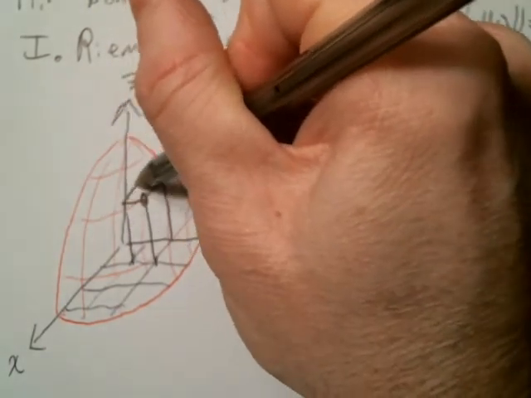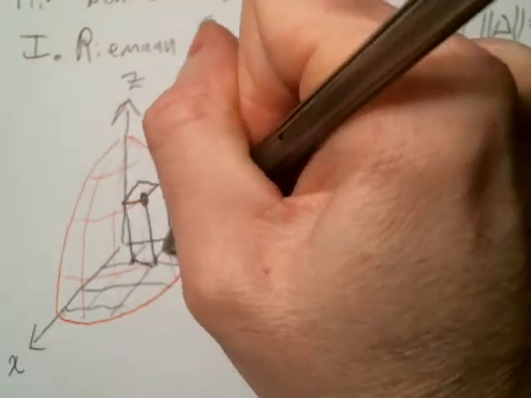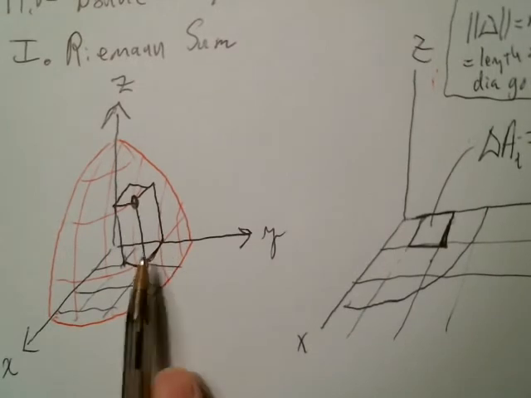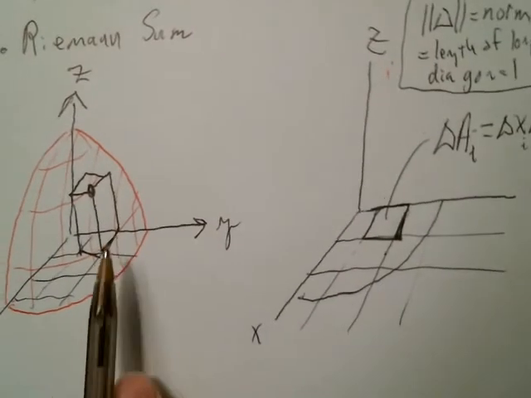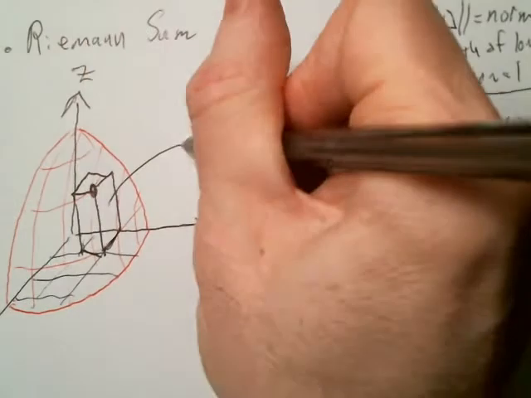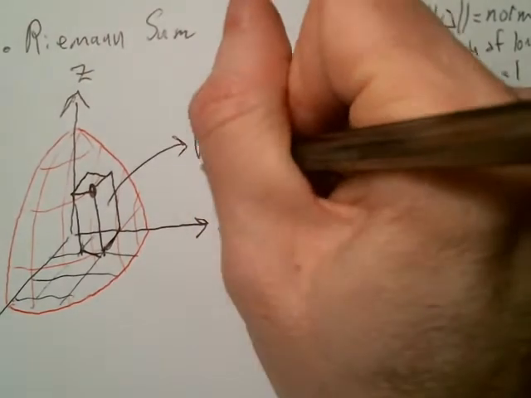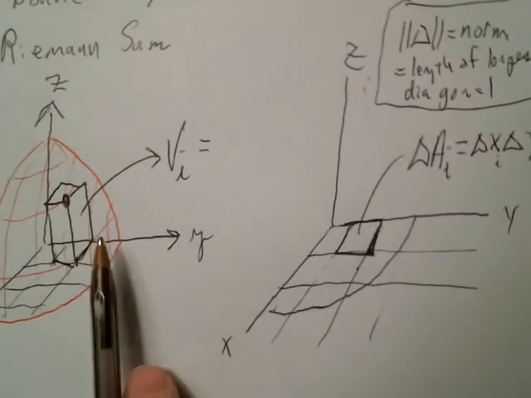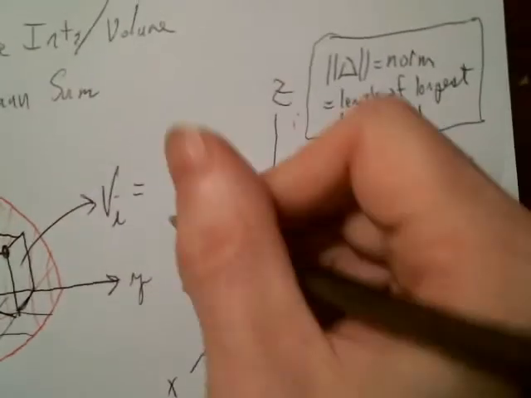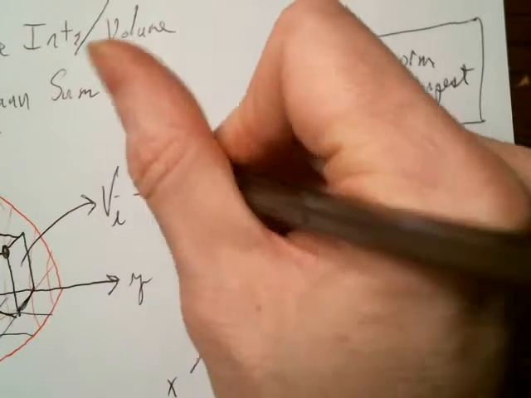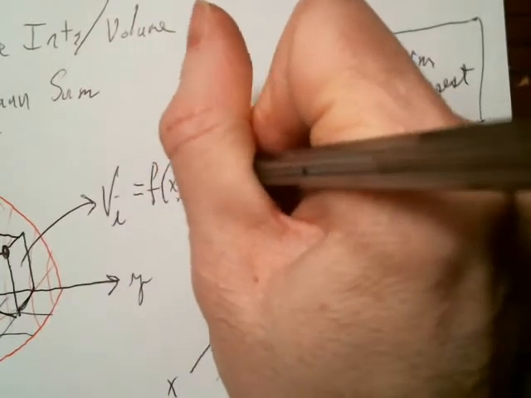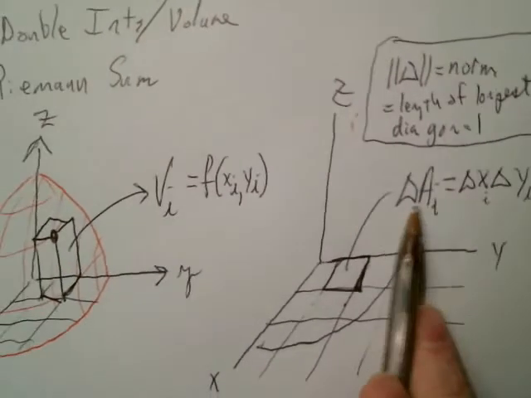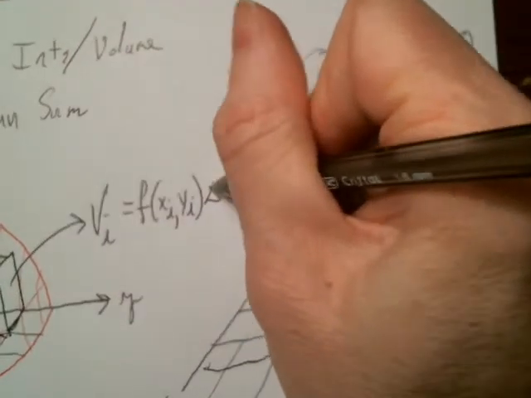So on the inside, the Riemann man would go to this guy here and figure out the volume of that particular rectangular solid, V sub i, which would basically be the surface evaluated at a particular x sub i comma y sub i, times this area on the bottom, change in A sub i.